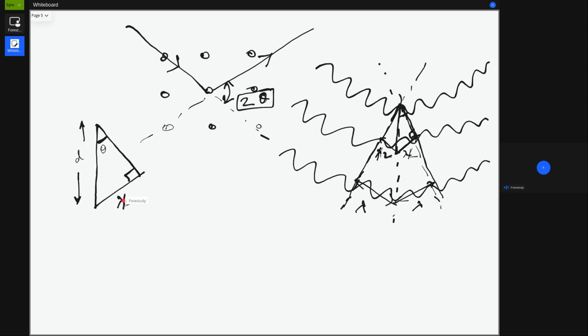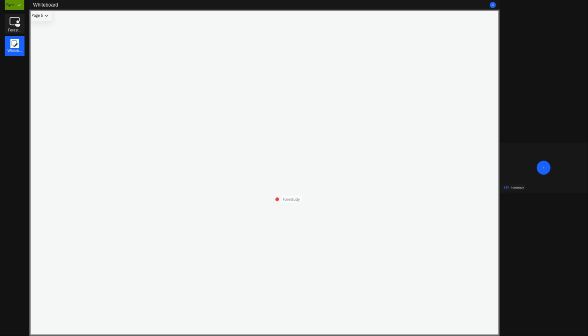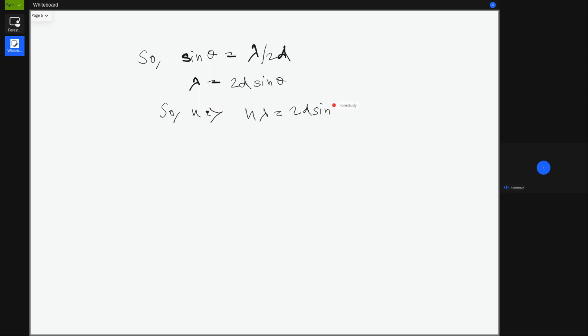Now we will try to derive it. Just by simple trigonometry, we have sine theta equals lambda by 2d. Then we have lambda equals 2d sine theta. So for n number of times, we have n lambda equals 2d sine theta.